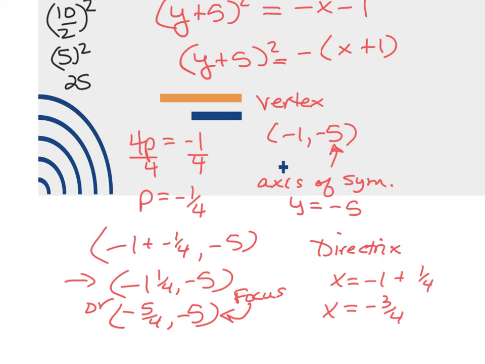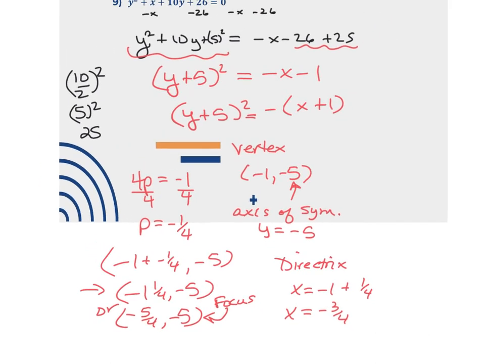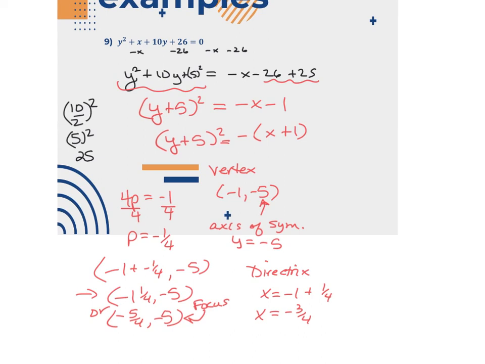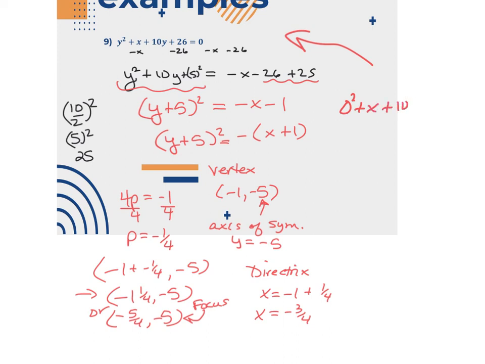Let me go ahead and find another ordered pair. Now, when I go to find my intercept, if I try to find the x-intercept, I'm going to set y equal to 0. So 0 squared plus 10 times 0 plus x plus 26 equals 0. This is gone, this is gone.